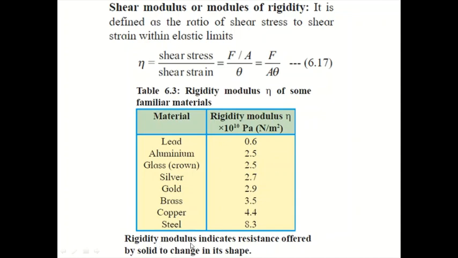As we take the example, steel has a value of 8.3 and brass has 3.5, so steel has high resistance compared to the brass material to change its shape.